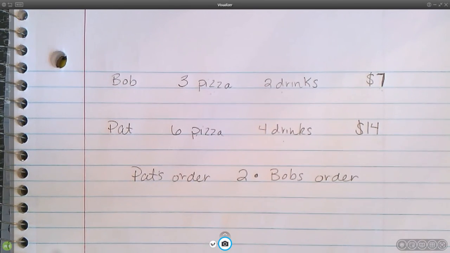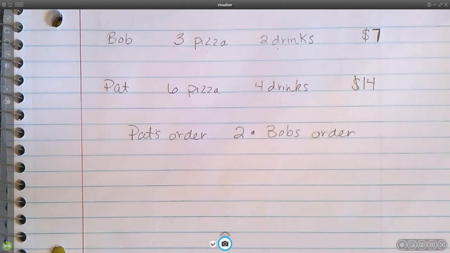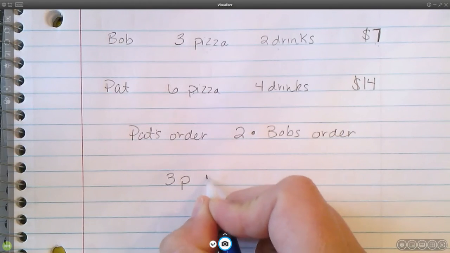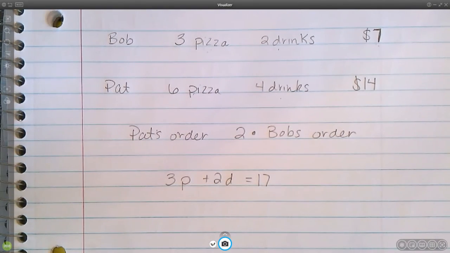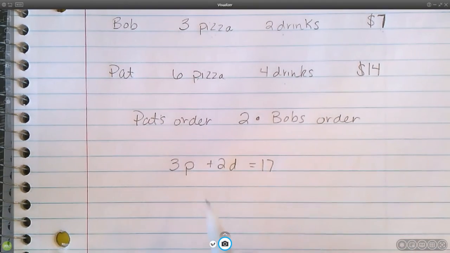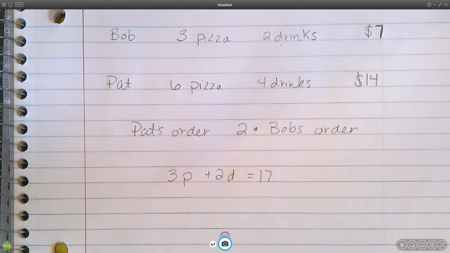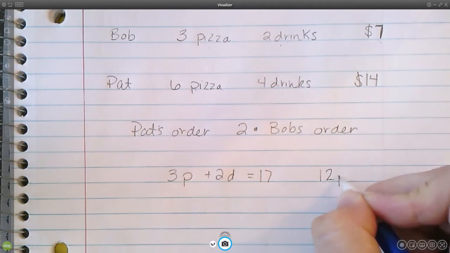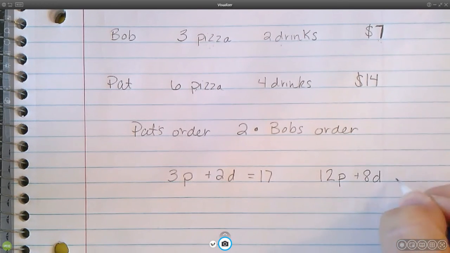So now, if we take that and we actually put it into some equations, Bob had 3 pizzas and 2 drinks, and that cost was $7. So you can take this equation, and let's say you had a whole family come in and they wanted to get 12 slices of pizza and 8 drinks.